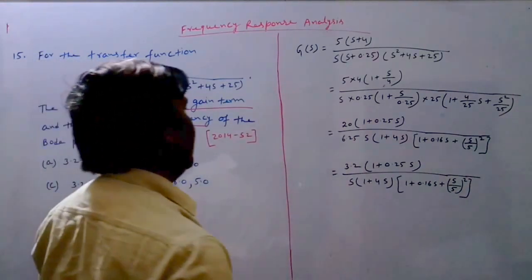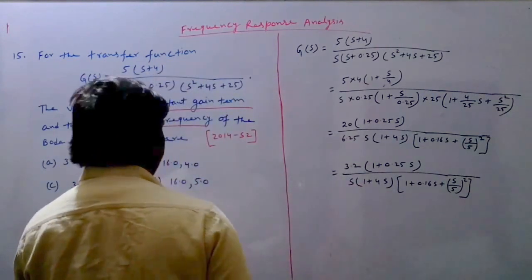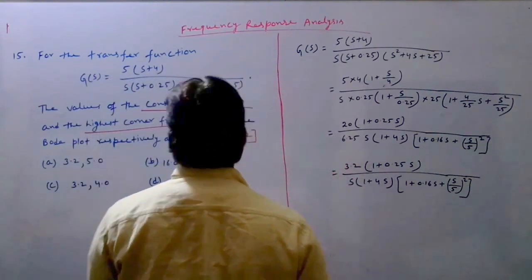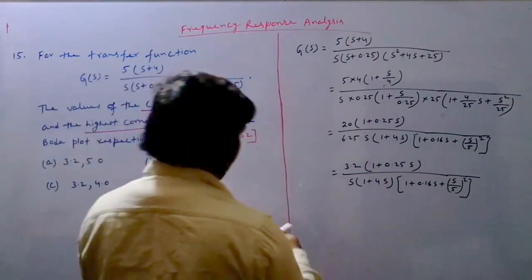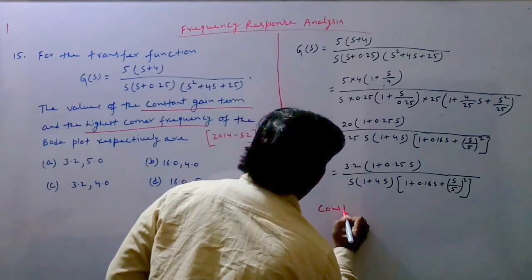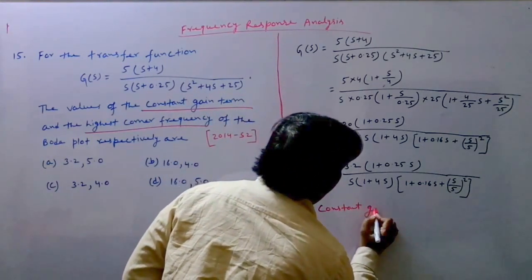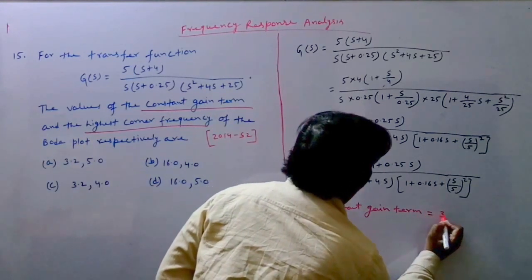So now we can easily see what is the constant term. The first one is the constant gain term. So here the constant gain term is equal to 3.2.